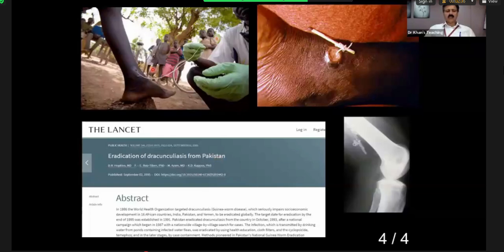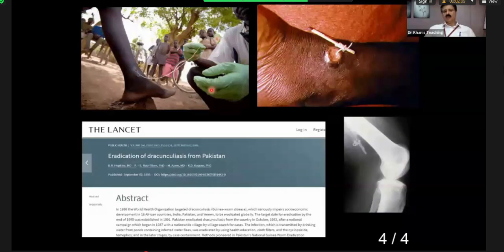What happens is that this worm comes out, and if you pull it, the worm which is inside will remain alive, and it is very painful. So the technique is that you wrap it around a matchstick, and every day you take it out more. It might take you 15-20 days to take it out.